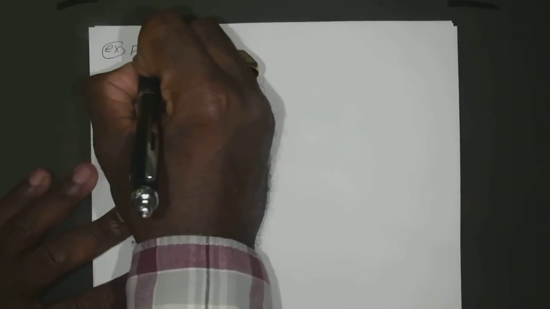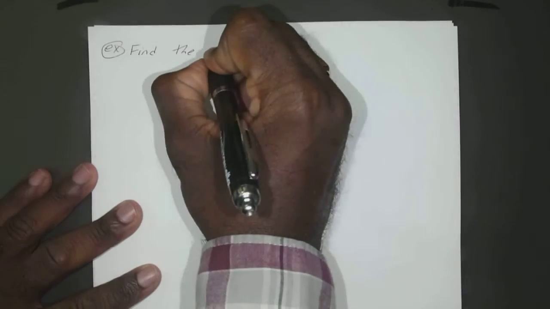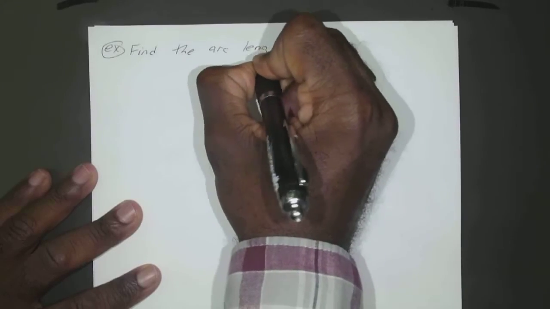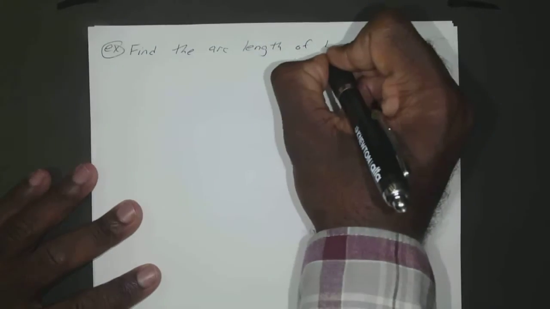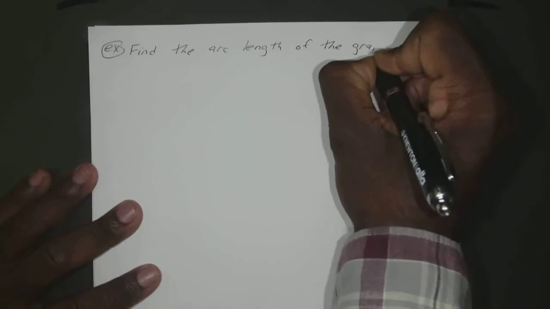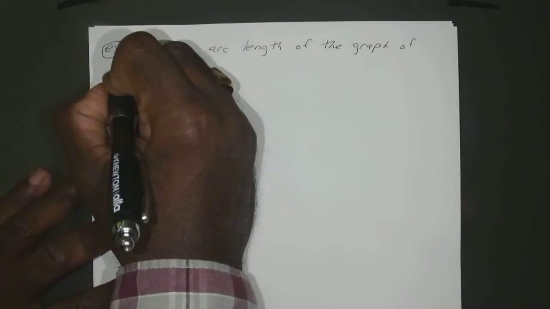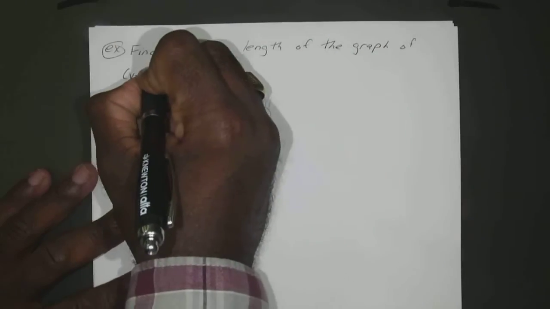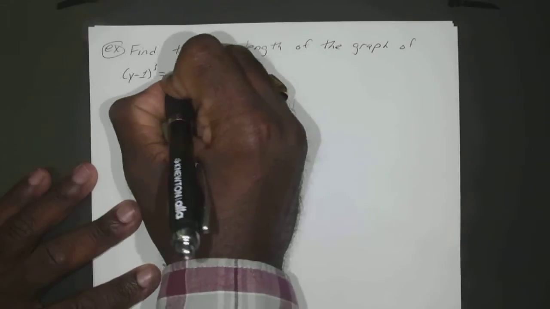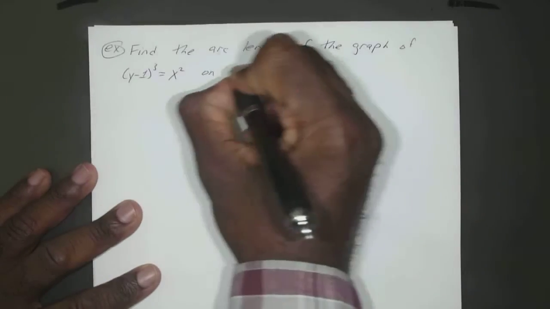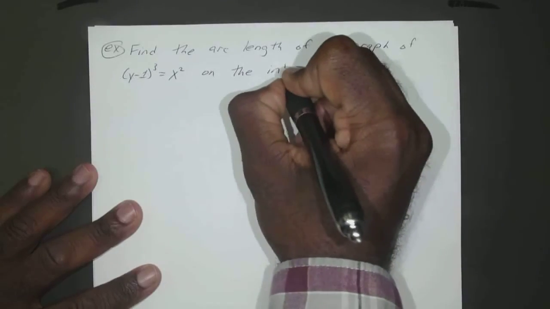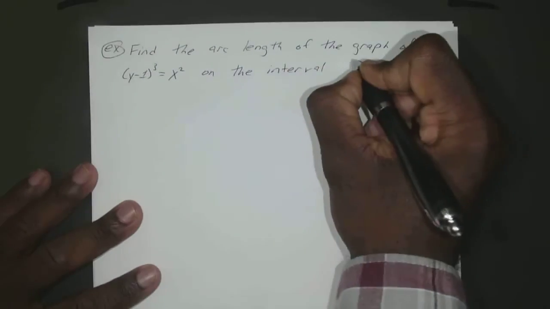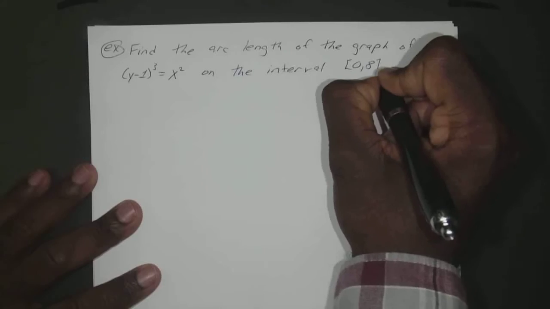Okay, so let's do another example. Let's say we want to find the arc length of the graph, let's say y minus 1 to the third power equals x squared on the interval from 0 to 8.